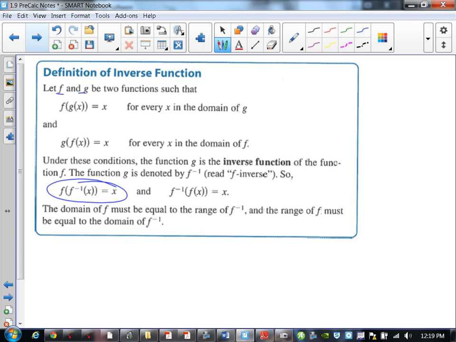If they are inverses of one another, if you take the g equation, substitute it into the f, simplifies out, all you get is x. When you do the other way, you get the same thing. You guys did that last year. That was nothing new whatsoever. What's going to be different, like I said, is that they're writing in terms of functions. That's it. Okay?